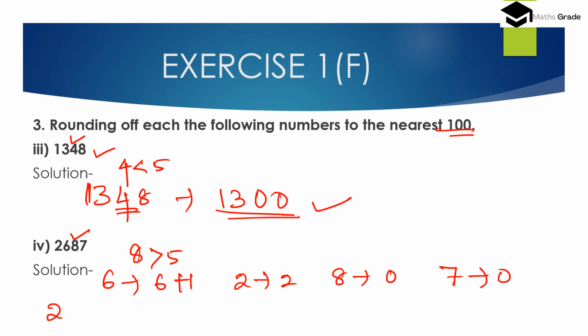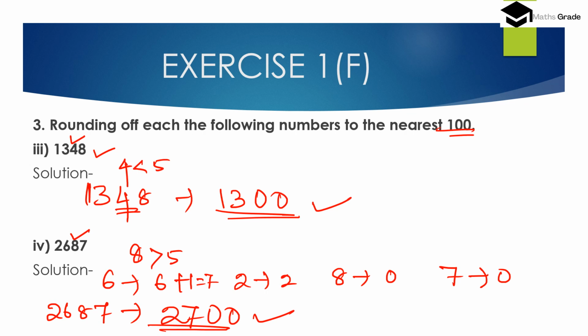So 2687 rounded to the nearest 100 will be: write down 2, and this 6 changes to 7, 6 plus 1 is 7, and this 8 changes to 0, 7 changes to 0. Now it is the answer.